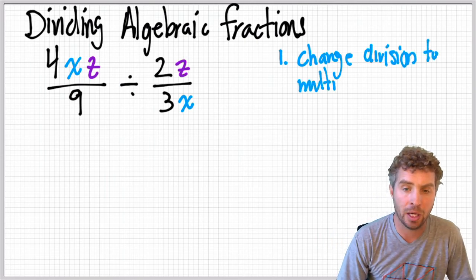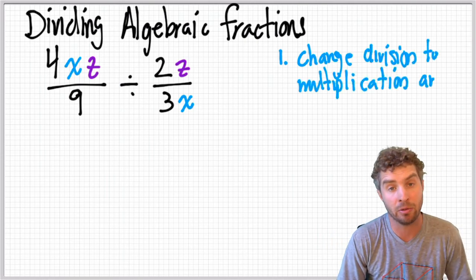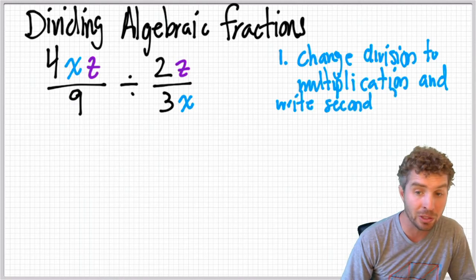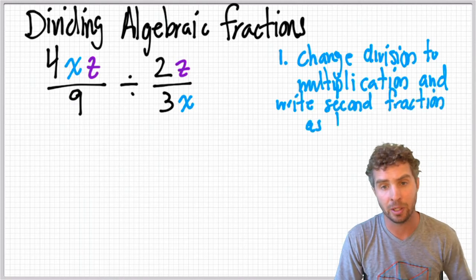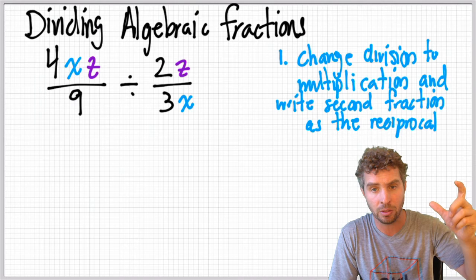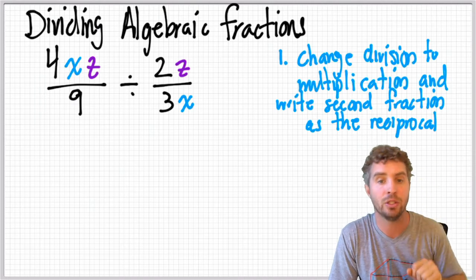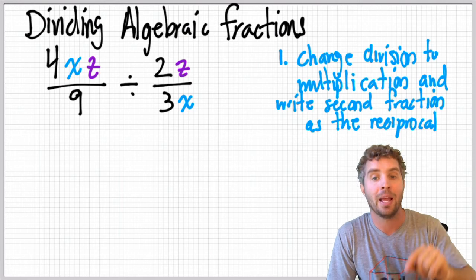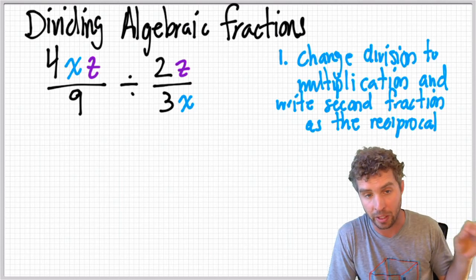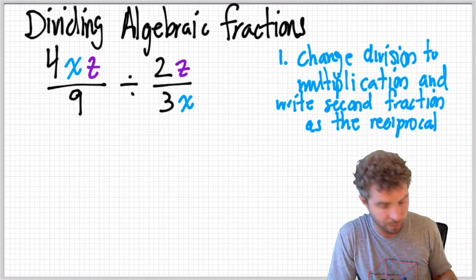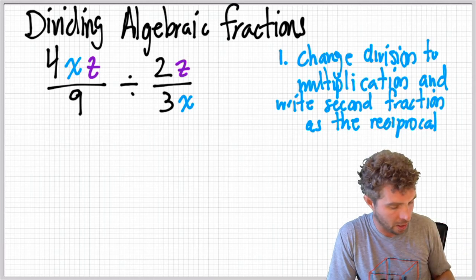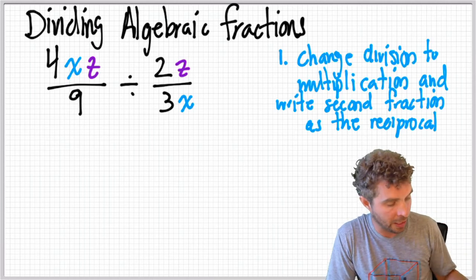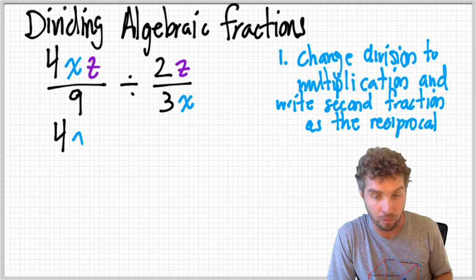Now, step number 1, super important. We basically don't divide fractions. In order to divide fractions, we switch it to a multiplication problem. So we're going to change the division to multiplication and write the second fraction as its reciprocal. What does that mean? Well, first, we're not doing anything to this first fraction, so we're just going to rewrite that first fraction.